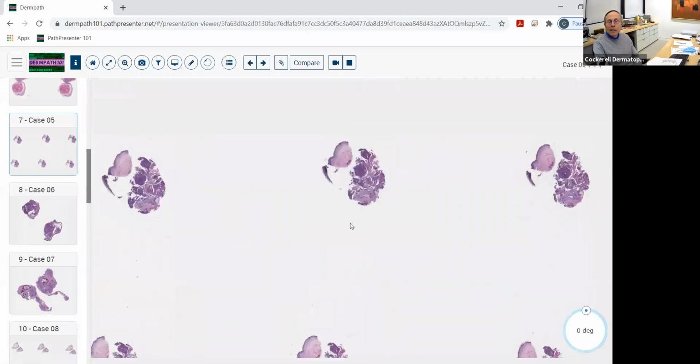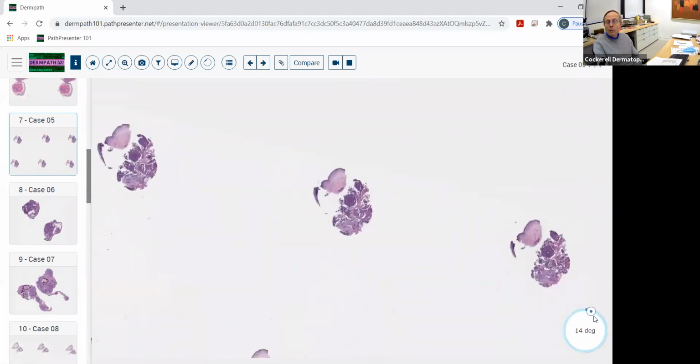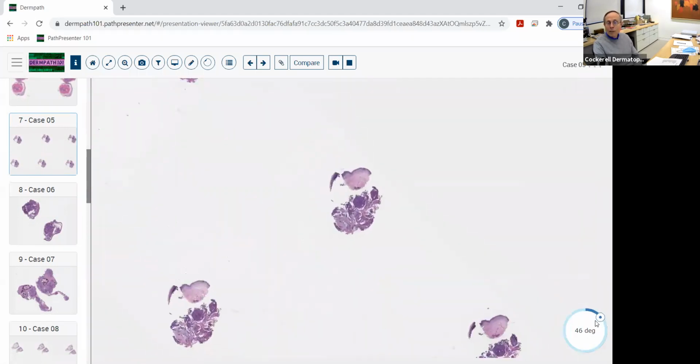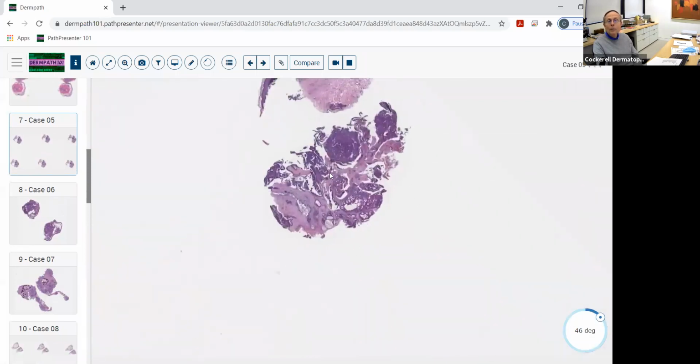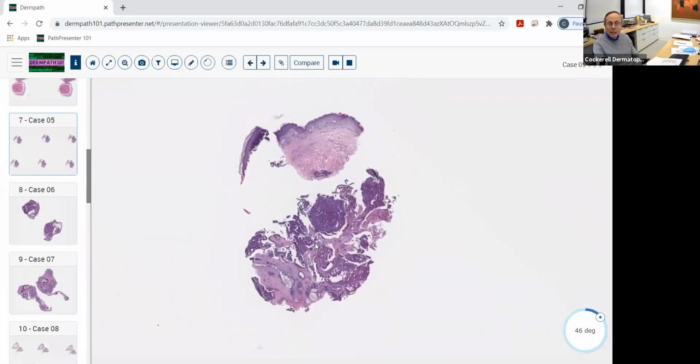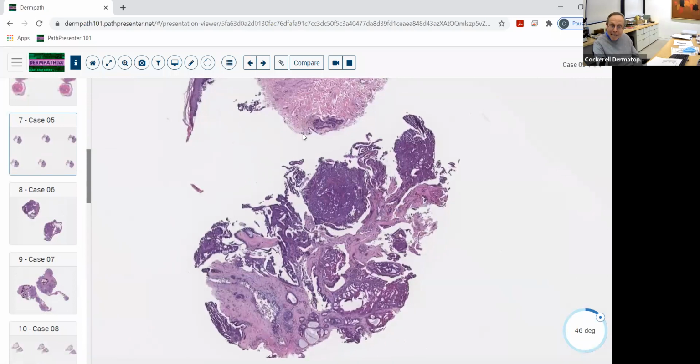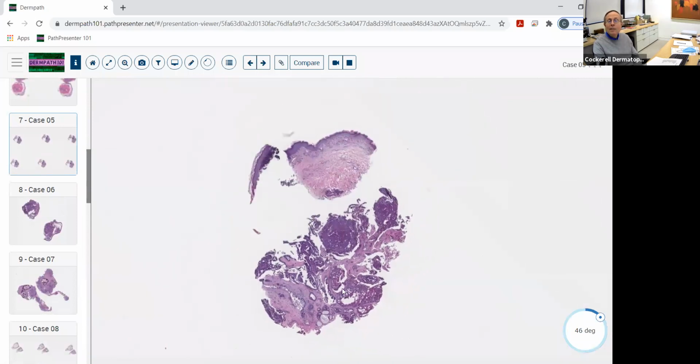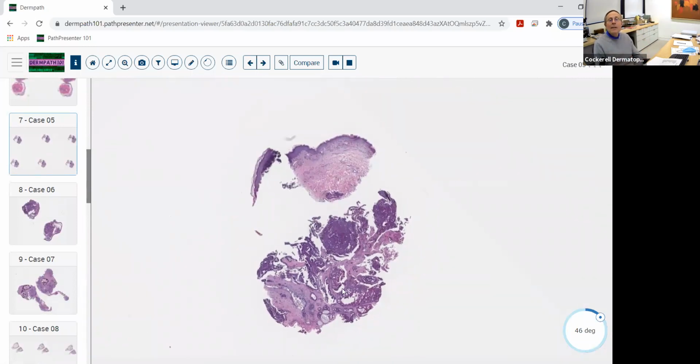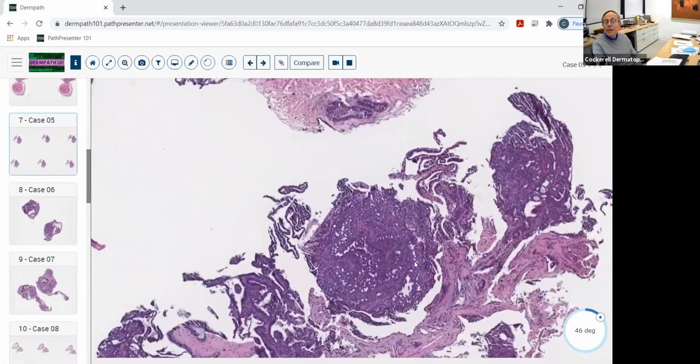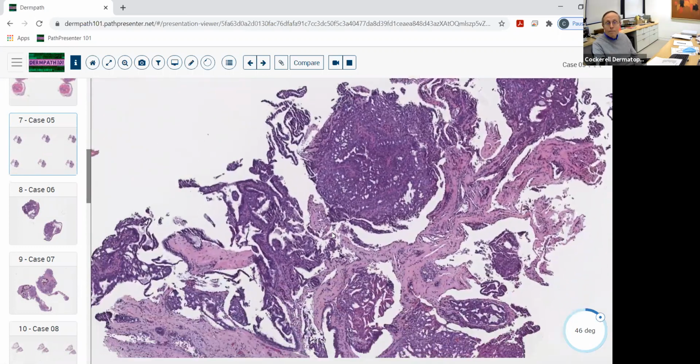Now, this lesion, and these are all analogous. We've got them lumped together because they all differentiate in a similar sort of fashion. Notice this lesion is deep, okay? So it's down in the lower part of the dermis. And you can't really tell from here, but I'm going to tell you that this came from the nipple of a woman, okay?